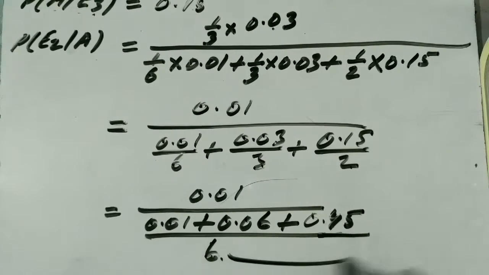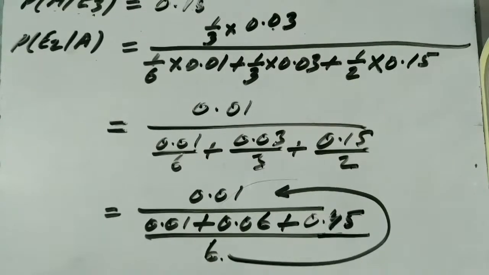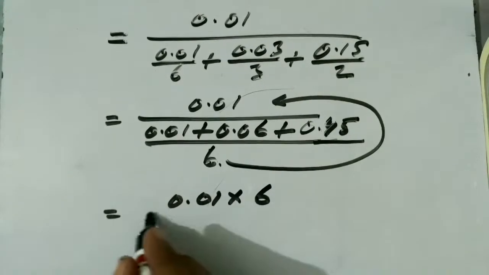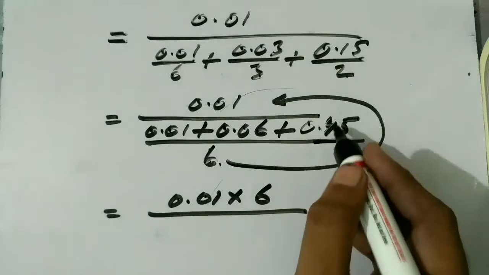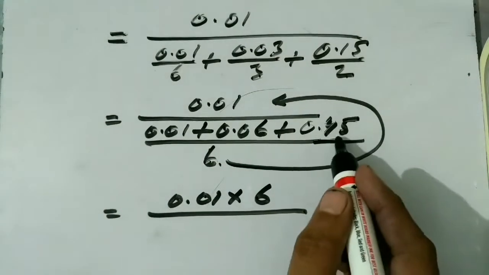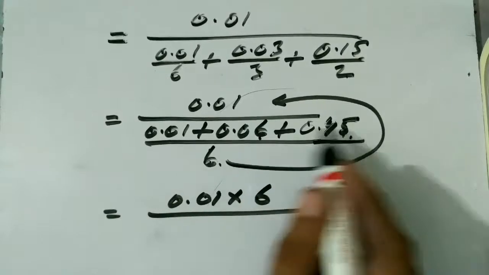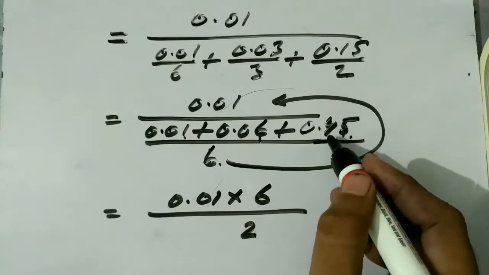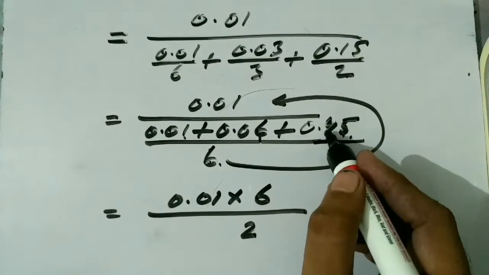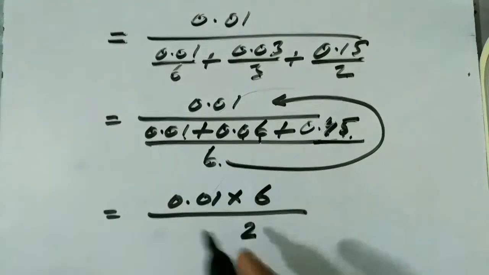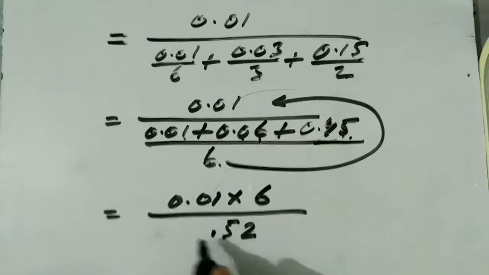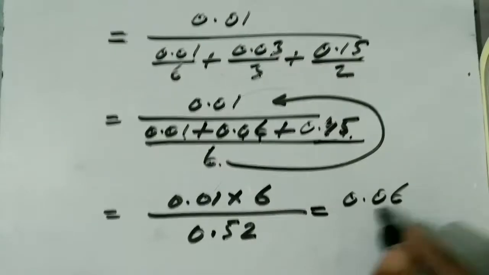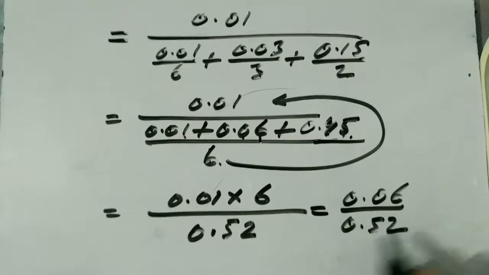Now, as 6 is the denominator of the denominator, it will go in the main numerator. So we have in the numerator 0.01 into 6, that is 0.06, upon, let us add all these terms, 0.52.